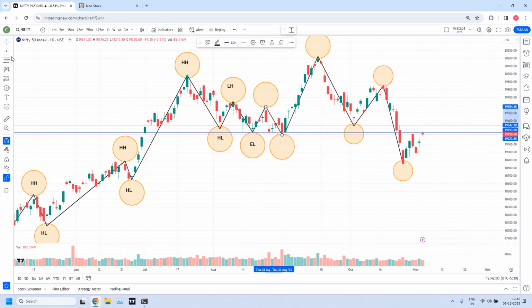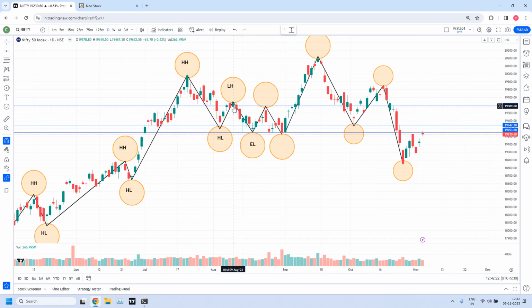Maybe somewhere up to here I can give from this high. But still it is below. Because still it is below, we are saying it is a lower high.